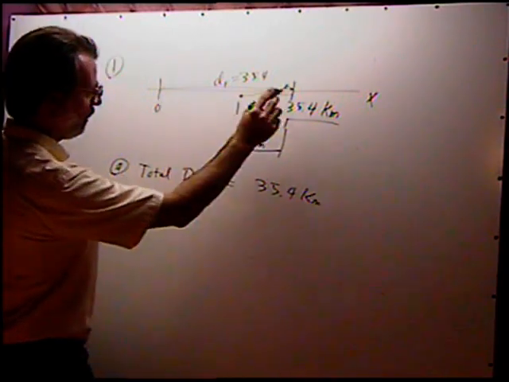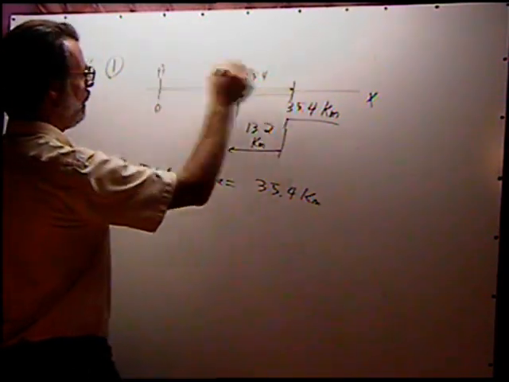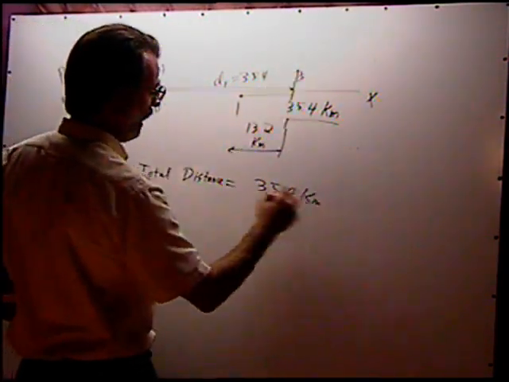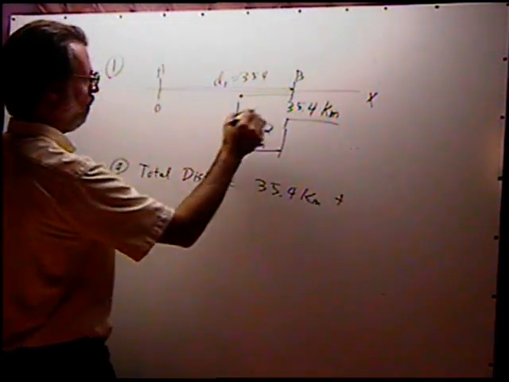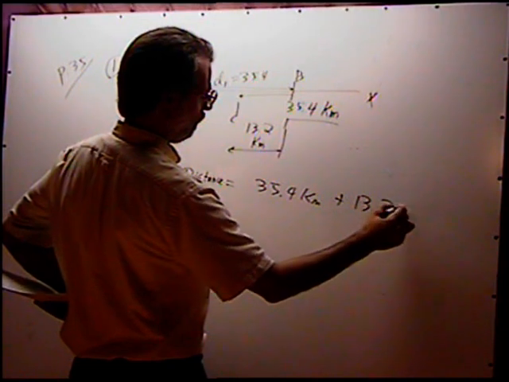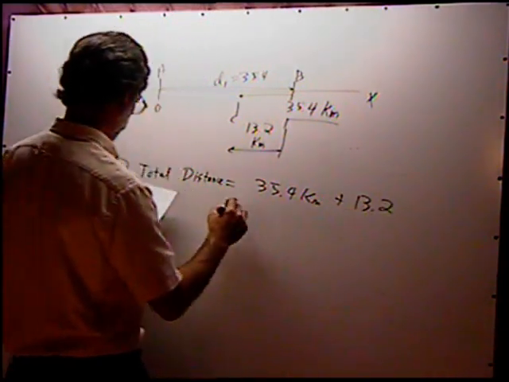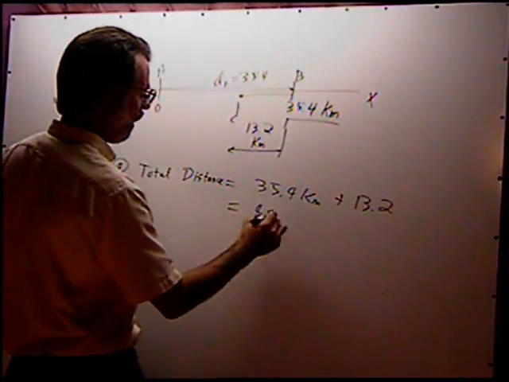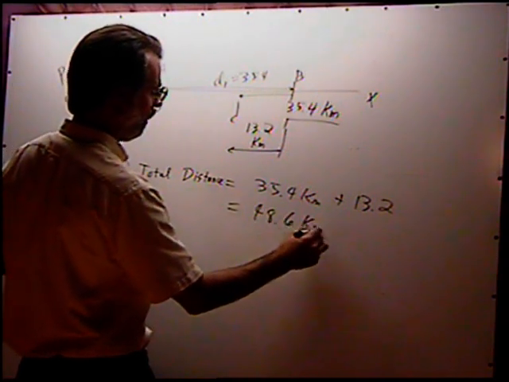That's when he went from A to B, and then we add to that from B to C the 13.2, and we get the total distance traveled is 48.6 kilometers.